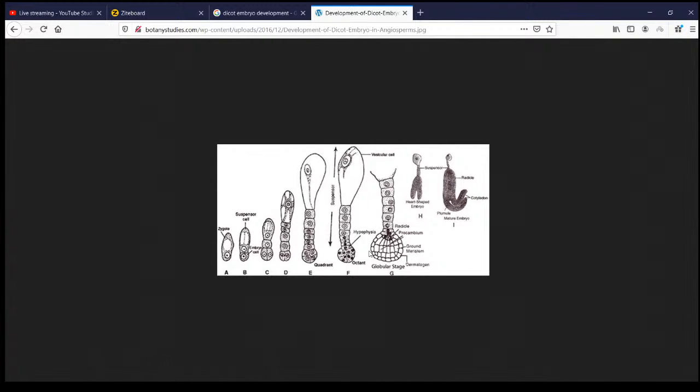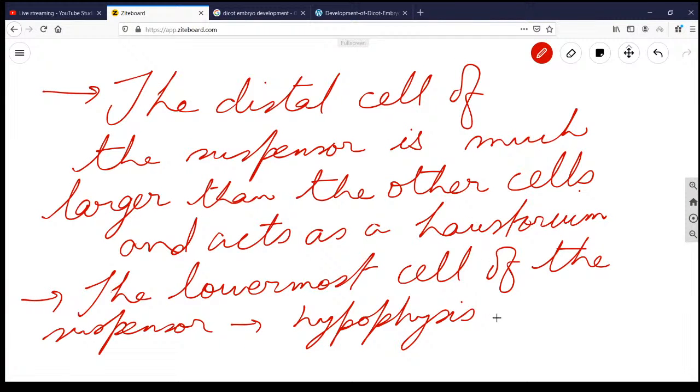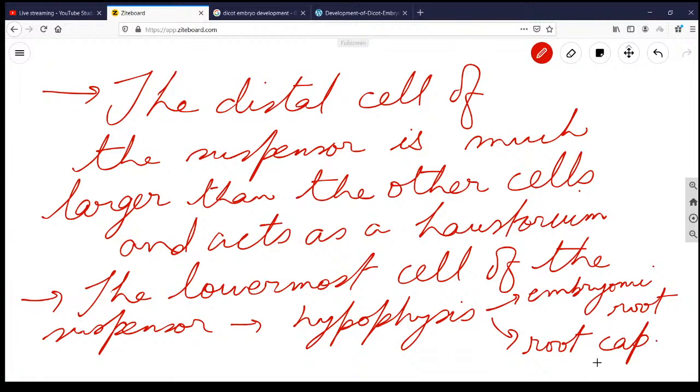You can see here, this is the lowermost cell of the suspensor. Now, by further division, the hypophysis gives rise to the embryonic root and root cap. Very, very important. So these are very prominent NEET questions.